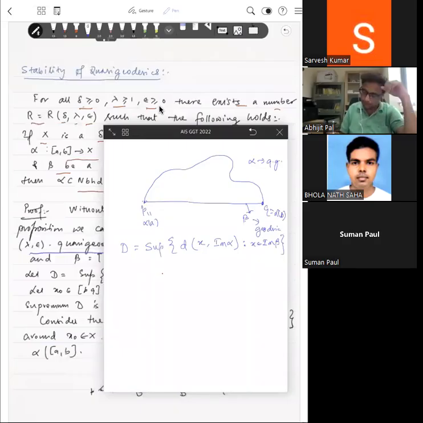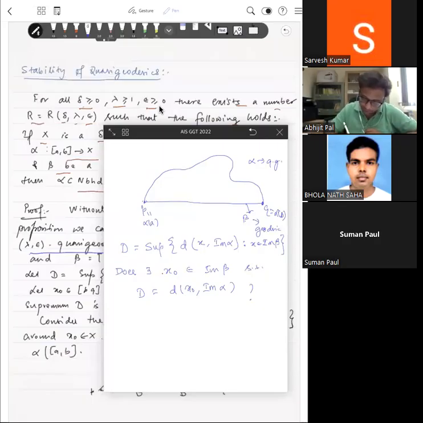So what can you say about this? The question is, does there exist an x naught belonging to the image of this geodesic beta such that D is equal to this? What do you think? Is it true?